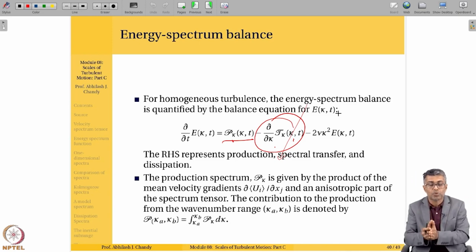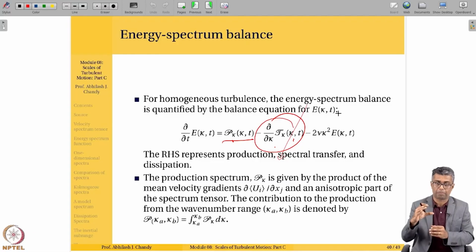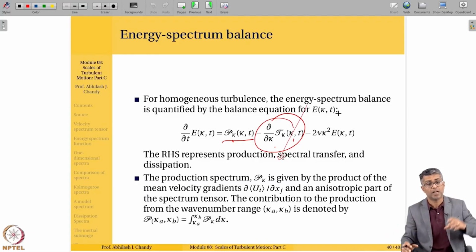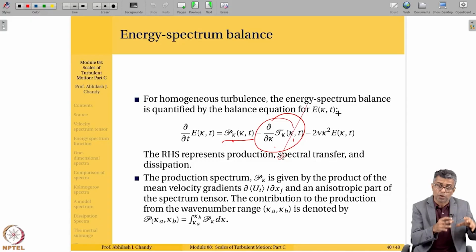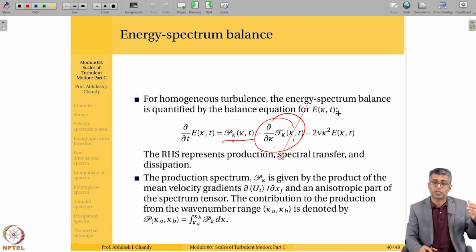Energy is being produced at the largest scale. Energy is not being produced at any other scale. It's been produced at a scale corresponding to the width of the flow, the jet diameter. So production is contained in the energy containing range, isn't it? The flow is coming in with a certain amount of energy. That produces the turbulence. That is your production term.